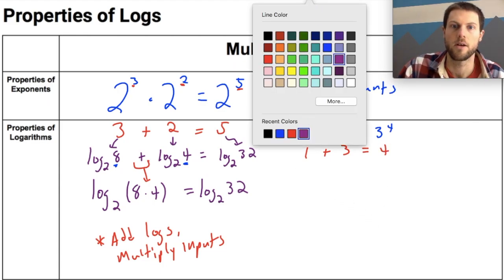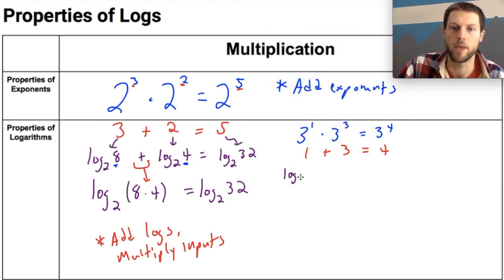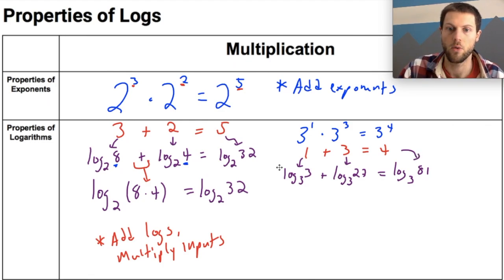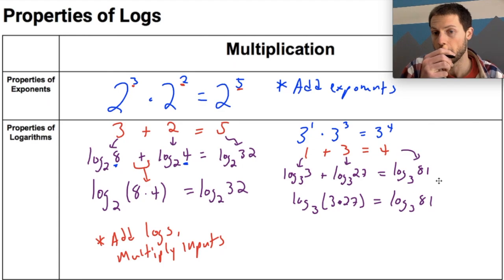I could say log base 3 of 3, that's equal to 1, plus log base 3 of 27, that's equal to 3, equals log base 3 of 81. That's equal to 4. And what you might notice is that if I multiply 3 times 27, I do get 81. So log base 3 of 3 times 27 should equal log base 3 of 81.